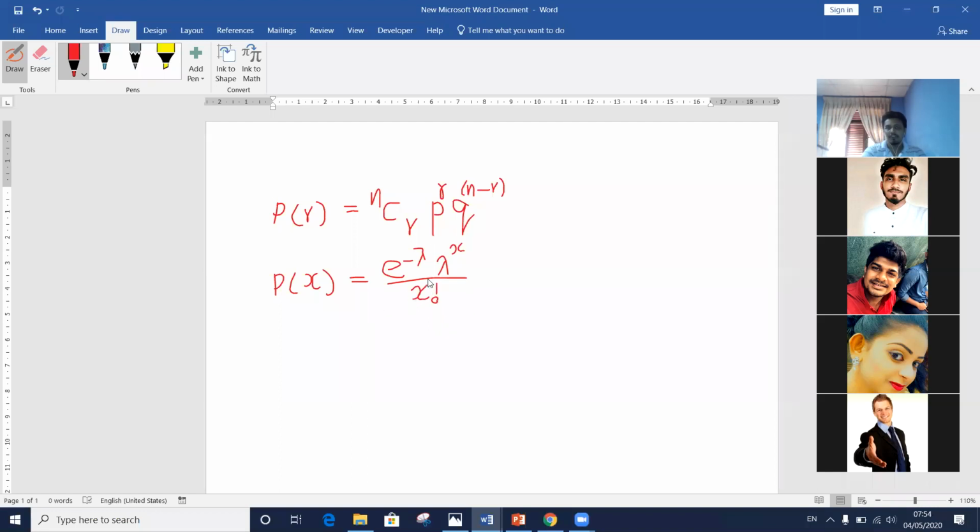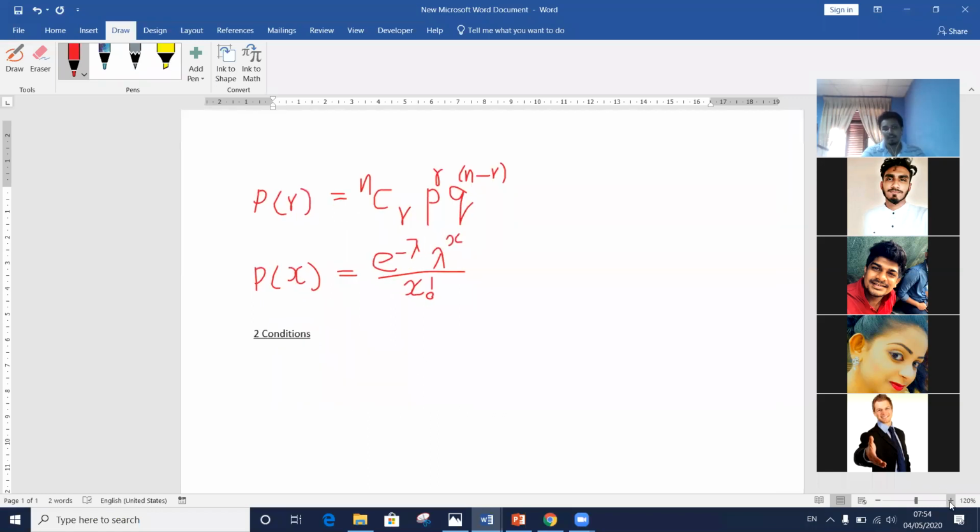Now, if our distribution satisfies two conditions, whether we use this formula or that formula, the answers will not be significantly different. We are free to use any of these formulas to calculate probabilities.